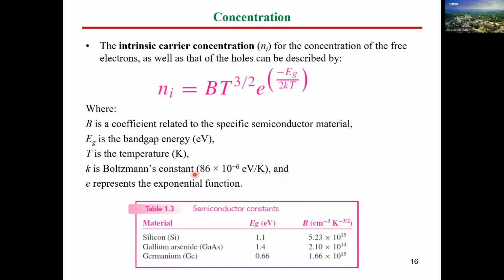But other numbers like B or the electron volt for any material will be given in any numerical problem. But you are free to write down the relations in your formula sheet in any exam. Okay, let's apply this to one material to see how we can calculate the concentration.